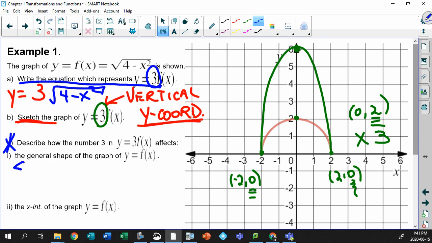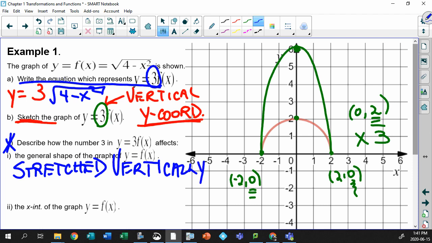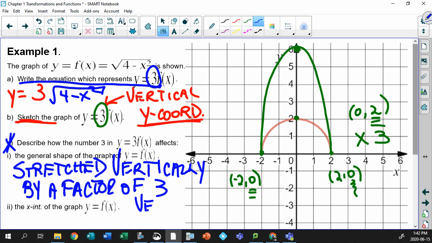This is going to be stretched vertically by a factor of 3. So you can even put down that all the vertical coordinates are multiplied by 3. Wow.